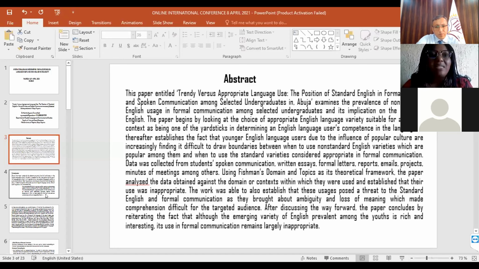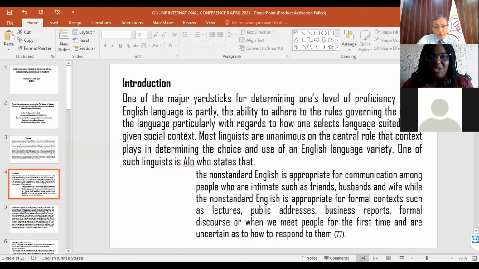Now, may I state that one's proficiency in any language, and particularly the English language, in most cases is measured by how one is able to select the variety that is appropriate for a particular context. Let's take, for instance, a student discussing with his or her lecturer.